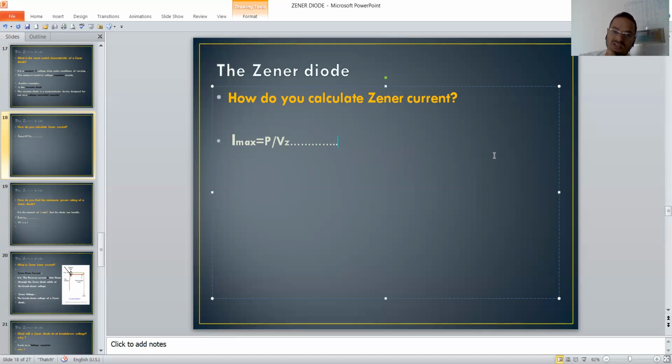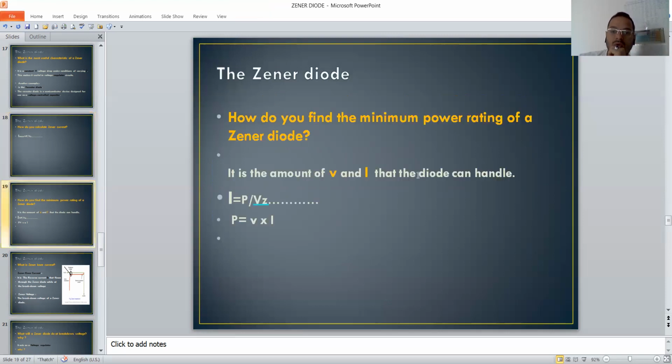In the next video, we will try to solve two questions, I think. How do you find the minimum power rating of a Zener diode? We will use this equation, current equals power divided by breakdown voltage, to find one of these three elements.